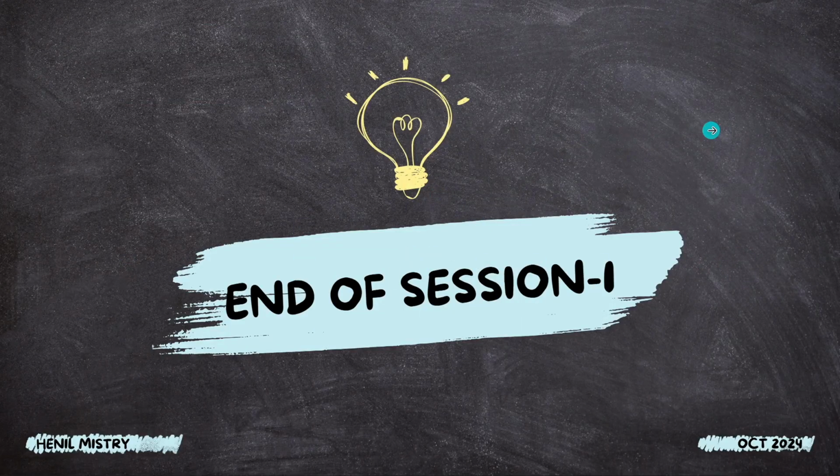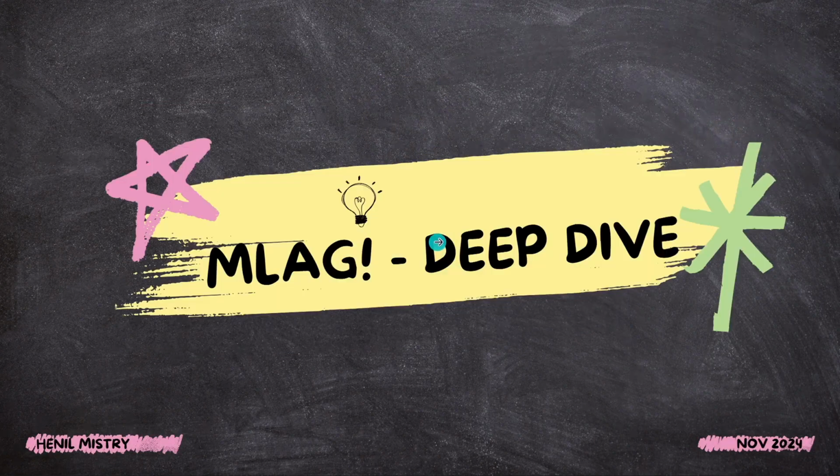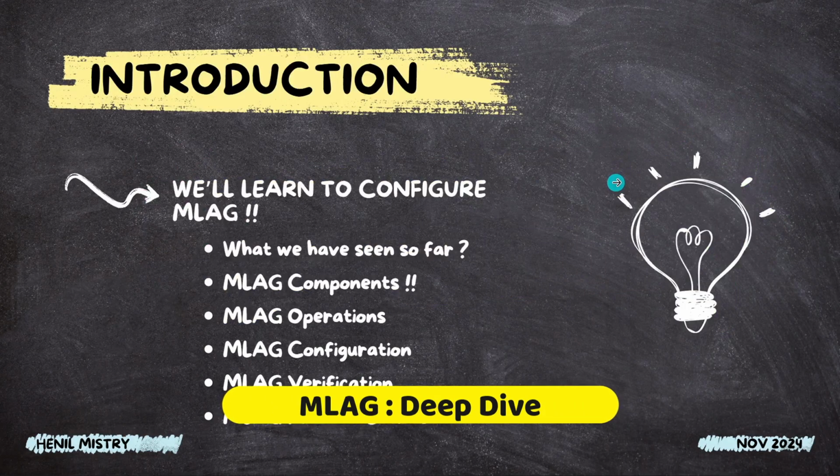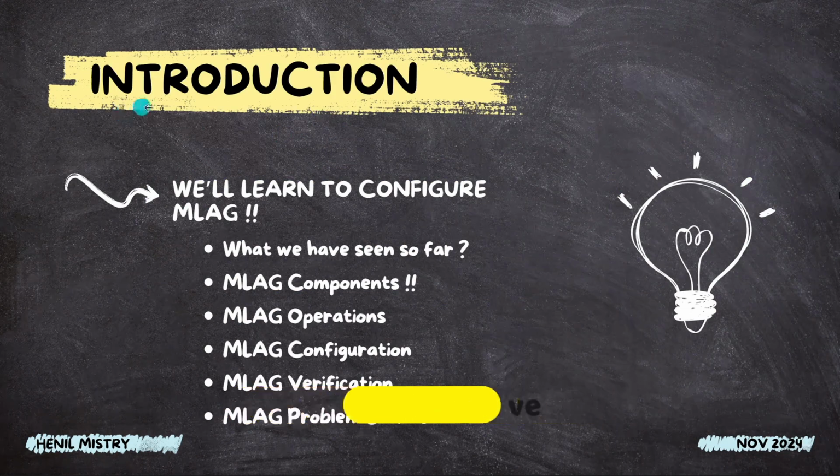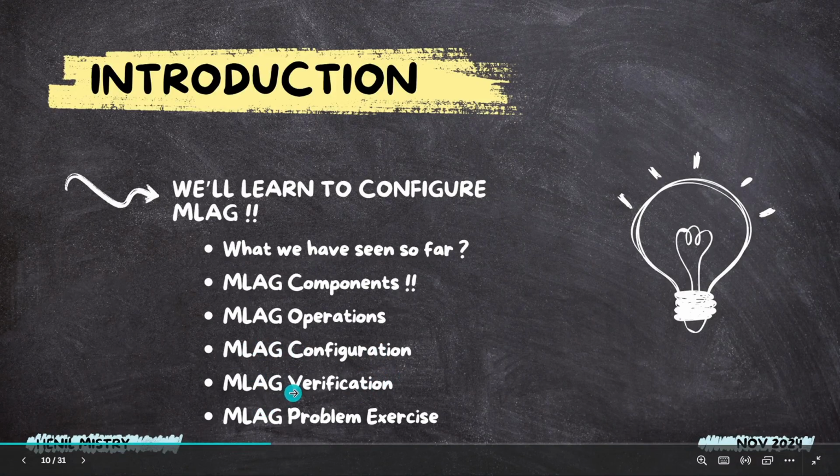That was the end of session 1. In this session we will deep dive into MLAG and see how to configure it. We will see the components, the MLAG operations, how to configure MLAG, verification, and at last one problem exercise for the audience.